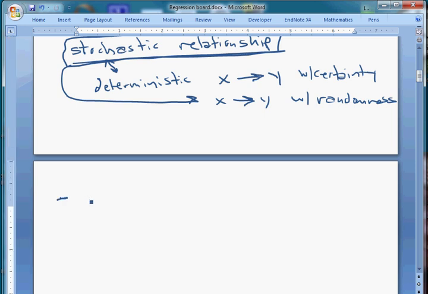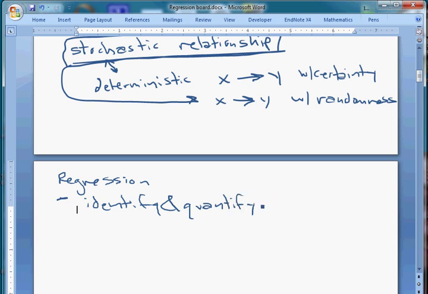One, we use regression to identify and quantify relationships between two variables, which I'll just call right now multivariate relationships. And we're talking stochastic relationships here. It says relationships. My handwriting is slowly getting better, I swear.